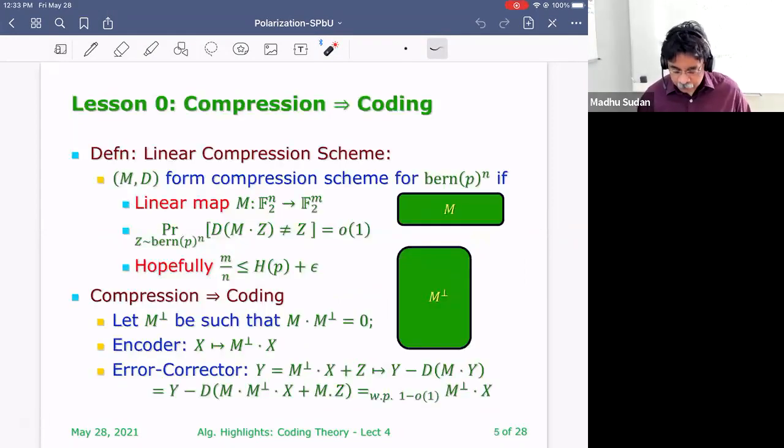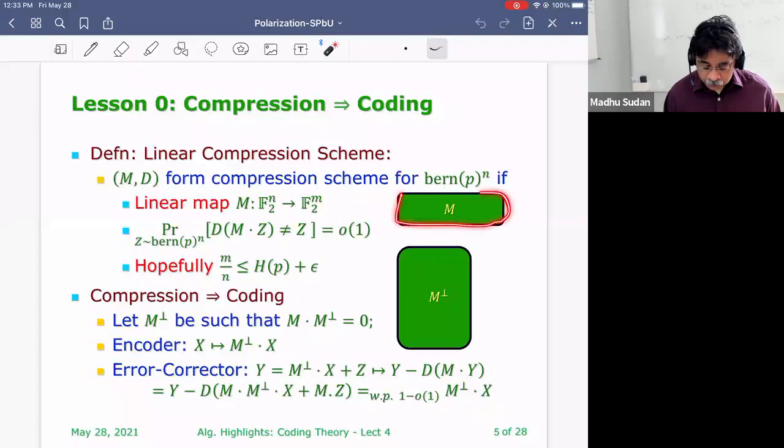And again, another quick reminder, what we told you last time was that instead of building an error correcting code, it suffices for us to build a matrix which can be used for compression.